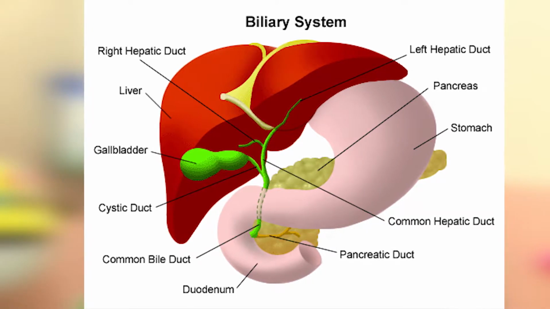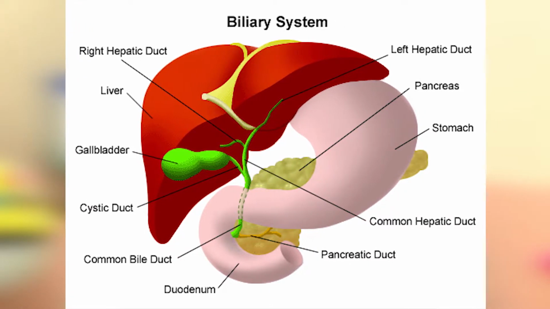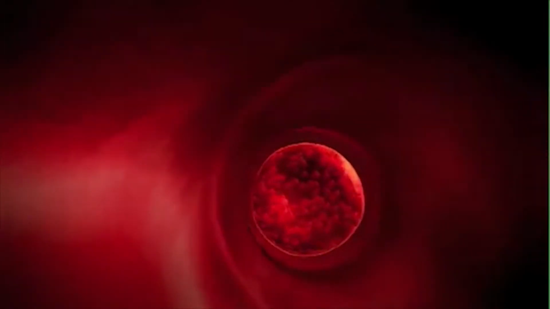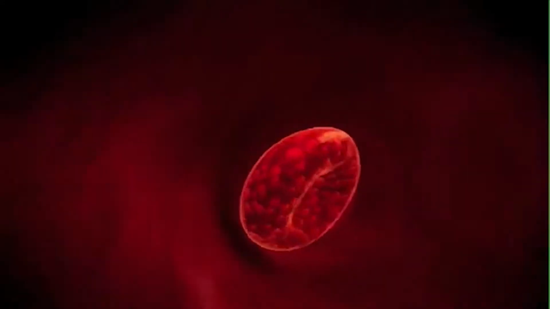So like the biliary system helps us in digestion of fats and oils. And it may also be because there's excessive breakdown of red blood cells. This excessive breakdown of red blood cells may cause what we call bilirubin. So there will be high levels of bilirubin in the blood, and this will cause the person to show the yellowing color of the eyes and then of the skin that we see in jaundice.